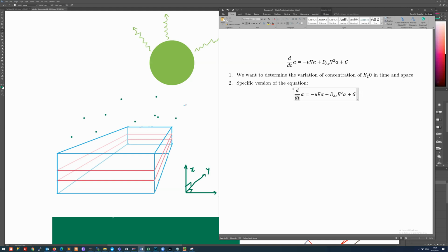So we want to write all this in C, and let's just call it CA to specify A is water. So it's in the X direction. So d/dx of the concentration CA.